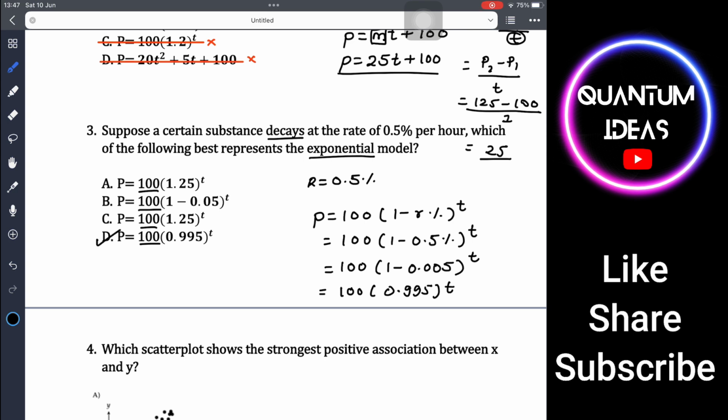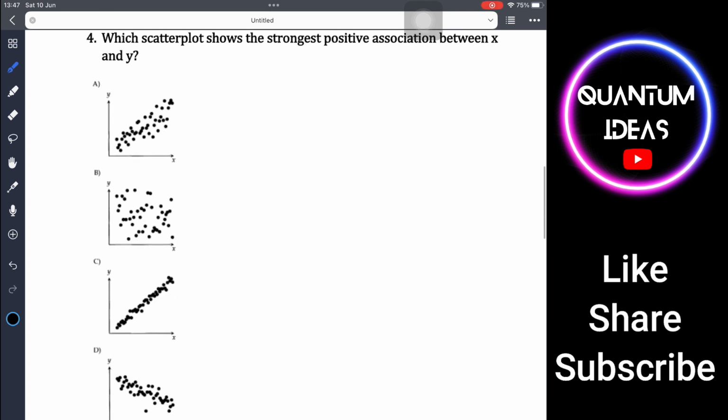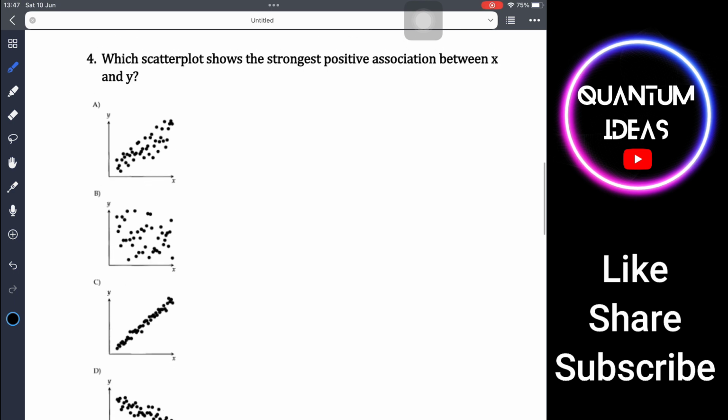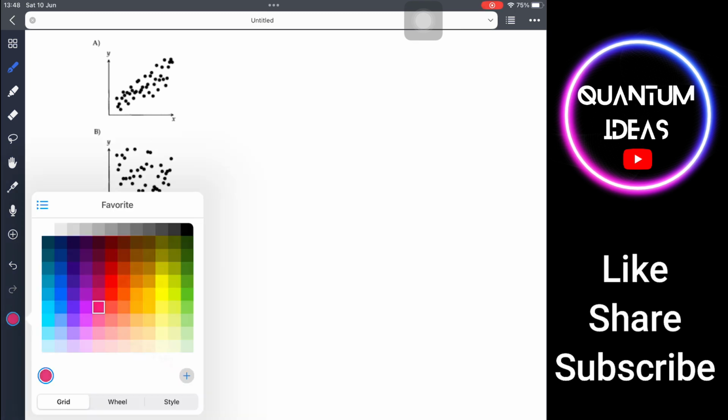Okay, let's go to number 4. Which scatter plot shows the strongest positive association between x and y? We have to find the strongest positive association between x and y. What you have to do is simply make a line to check.